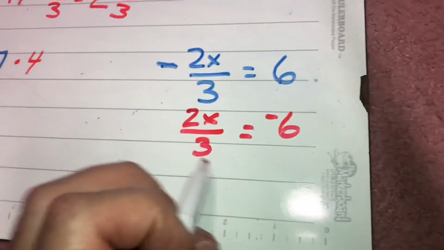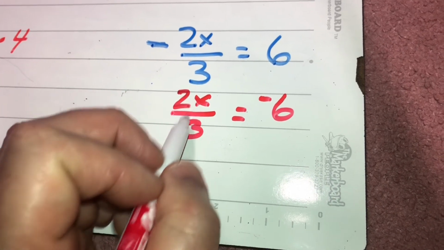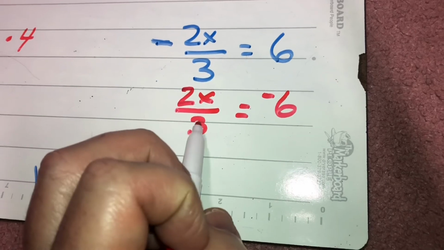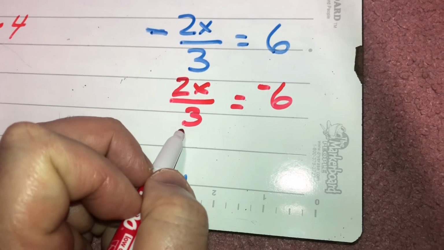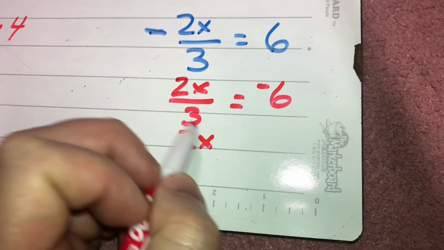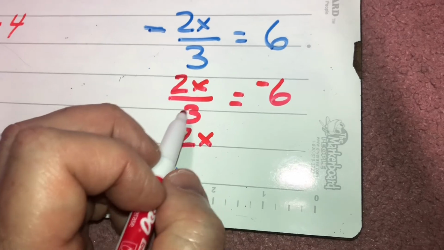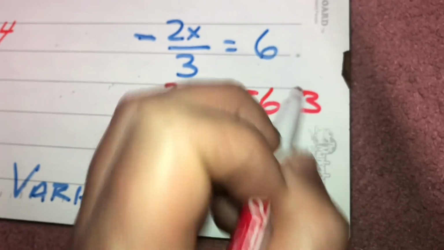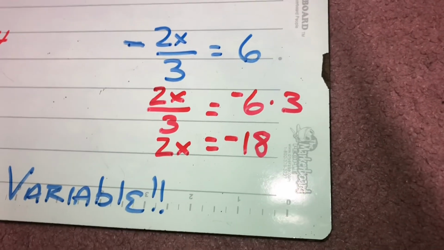Now, first of all, I have to get 2x by itself. And since this is 2x divided by 3, I'm going to multiply both sides by 3 to isolate 2x. 2x divided by 3, whatever that value is, multiplied by 3 equals 2x. Now, if I take -6 times 3, I believe that leaves me with -18.